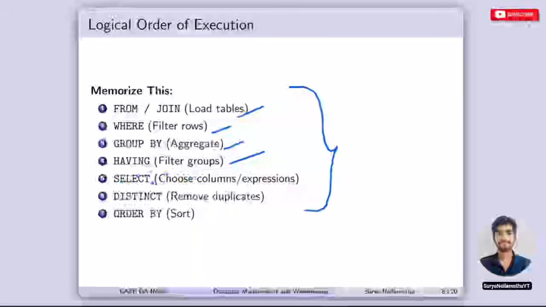Select is used for choosing columns by expressions. The distinct keyword helps for removing duplicates. And order by is for sorting the items. This is known as the logical order of execution. You need to remember these points, and they help in knowing which keyword does what operation.